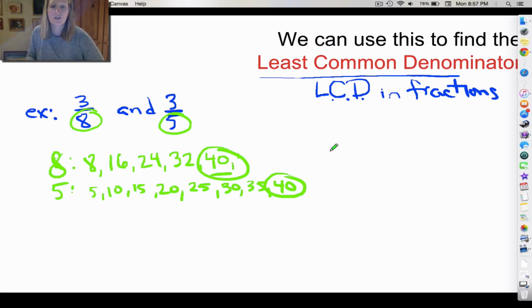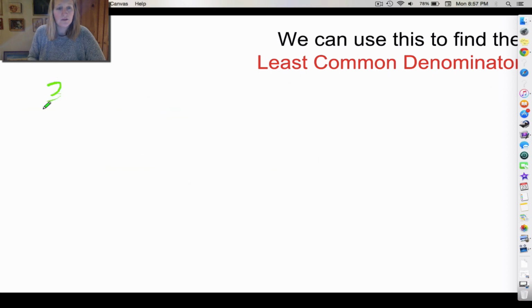All you would actually write as your answer is: the least common denominator equals 40. We aren't going to put it back in the fraction yet; we'll practice that later. Then to revisit our other method, between 3/8 and 3/5, so again, 8 and 5.